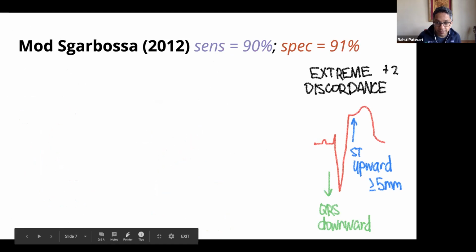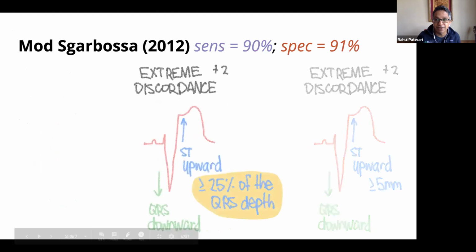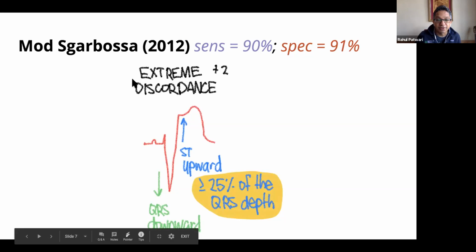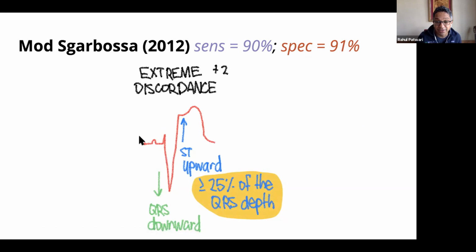So this is what we had before. And so when we do the modified Sgarbossa, and I think this was created by Steve Smith of the Steve Smith EKG blog from somewhere in Minnesota. He's got a great EKG blog if you want to get into really, I mean, sometimes I get into some details, like he's calculating formulas. I'm like, I'm not doing math, just tell me what to look for.